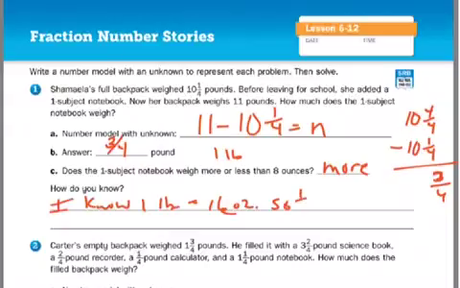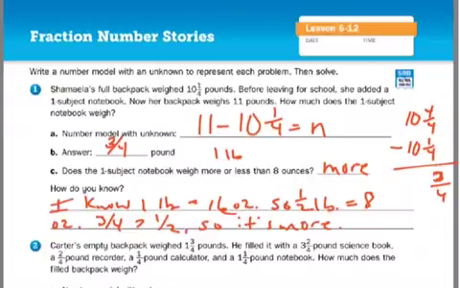So 1/2 pound equals 8 ounces. 3/4 is greater than 1/2. So it's more. That's how I solved that problem.